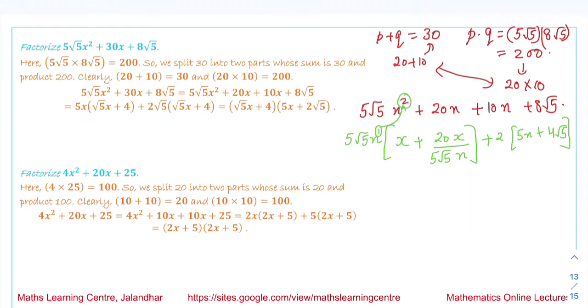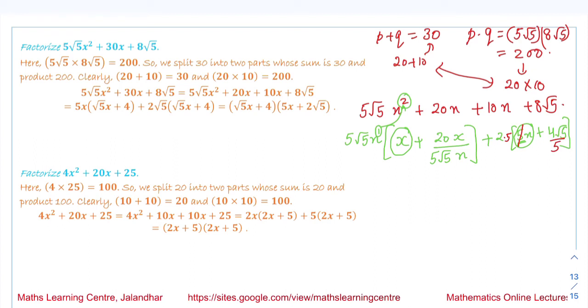If we try to solve this, the coefficient here is x, but the coefficient here is 5x. It means we have to take this 5 also common from this. If we take this 5 as common, the 5 is gone and in the denominator we are getting 5.